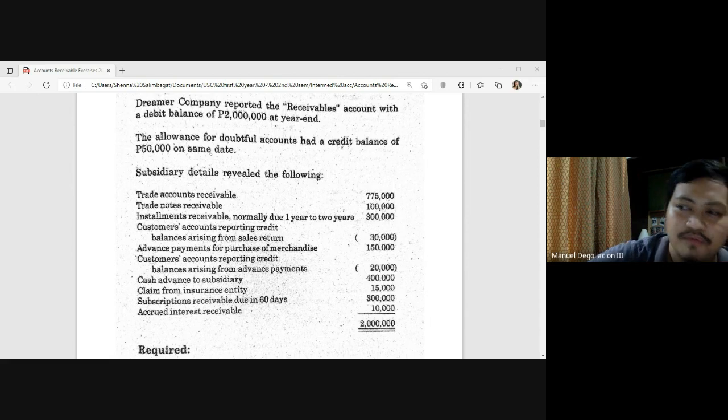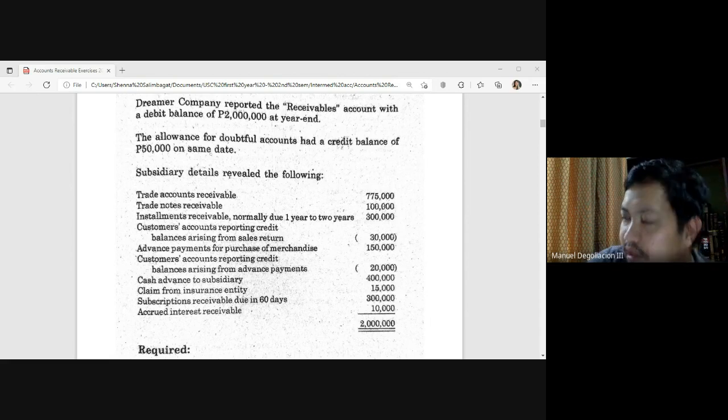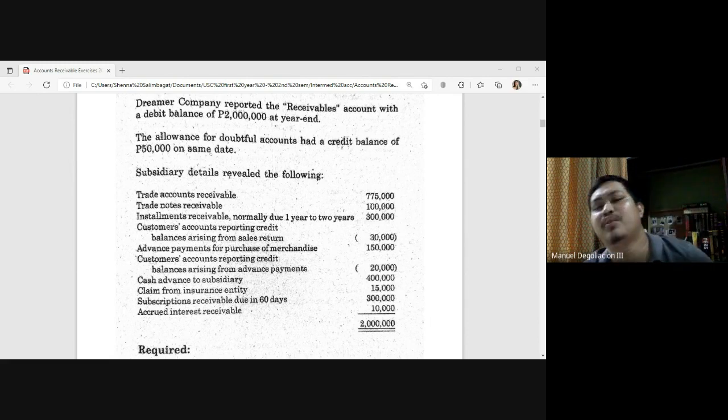Okay, many students would forget that one. They would think that if a subscriptions receivable is collectible beyond 1 year, it would be a non-current asset. That's wrong. If a subscriptions receivable is collectible beyond 1 year, then it would be a deduction to your shareholders' equity. Okay, that's very important, class.